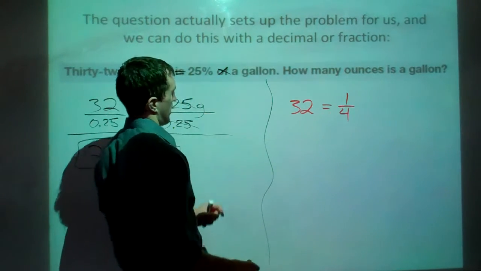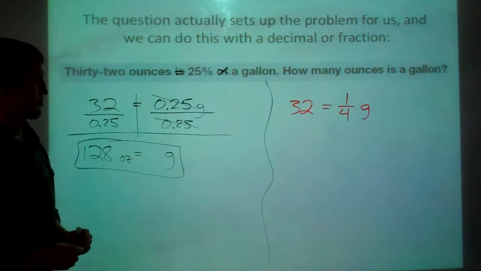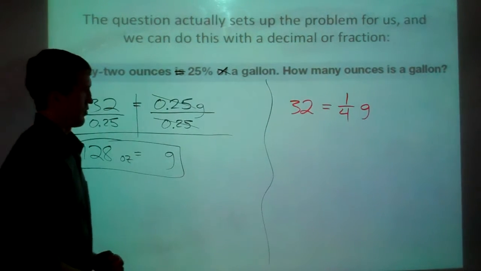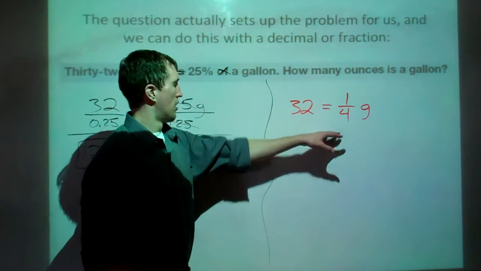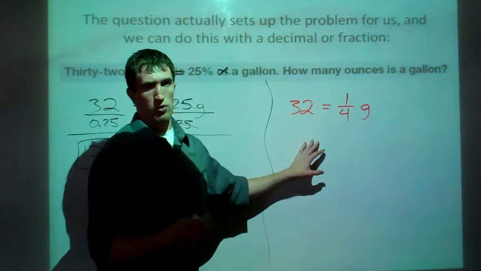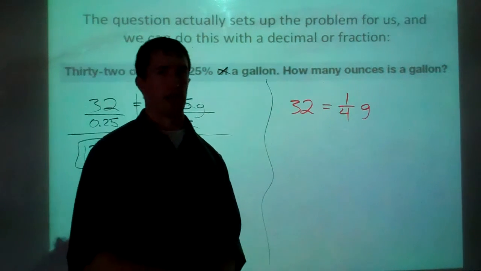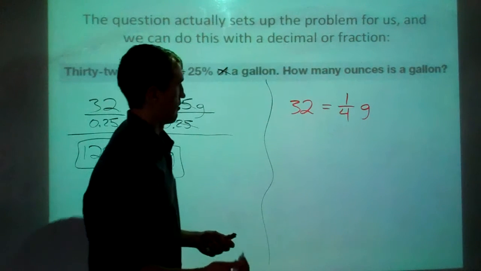That's 1/4 times a gallon, or 1/4 times G. Now this is a little different. We could do the same process like we did here. We could divide by 1/4. But as we know, when we divide by a fraction, we're actually going to be multiplying by the reciprocal. And if we remember that rule right away, we can just do that right away.